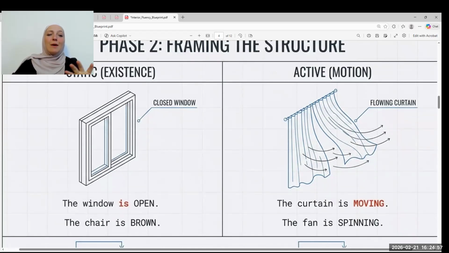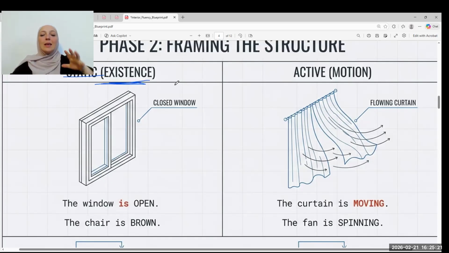If we're talking about only the static, I'm just saying what it is. So I will say the window is open or the window is brown, like the color of the sides of the window. All right. So if I'm just saying that something is in existence, I'm saying this exists. So the window is closed, the window is open.